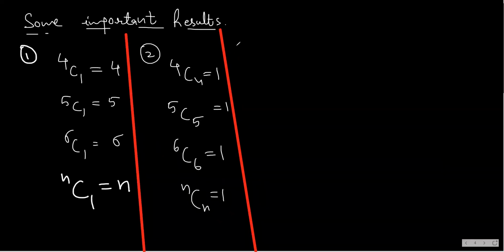See, the next one is quite interesting. Suppose I have 4 objects and I'm selecting none. 4C0. So I'm given 4 objects and I'm not selecting any of them. So in how many ways can I not select any? The previous question is quite mathematical, so those who are mathematically inclined will understand this.